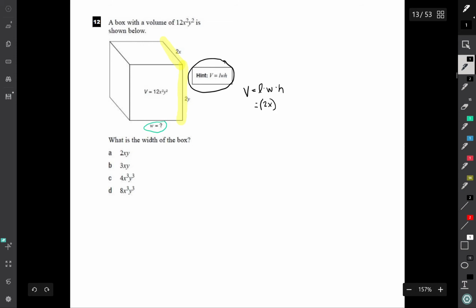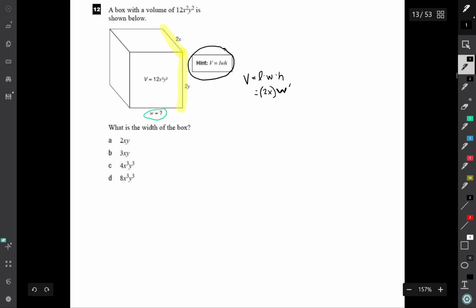For width, we don't know what W is, so I'm just going to put W. And then for our height, we have 2y. We also know that volume is equal to 12x squared y squared.